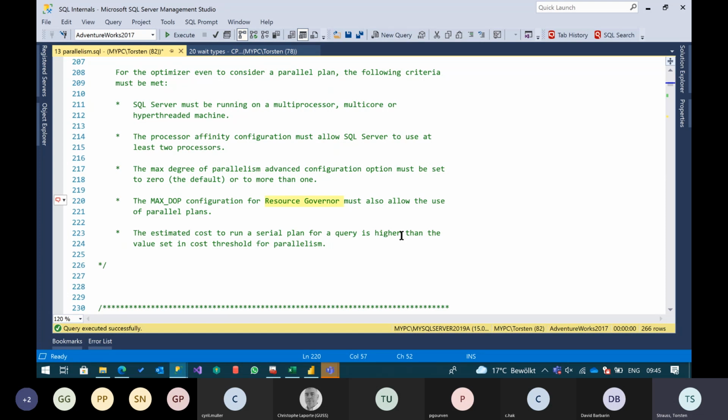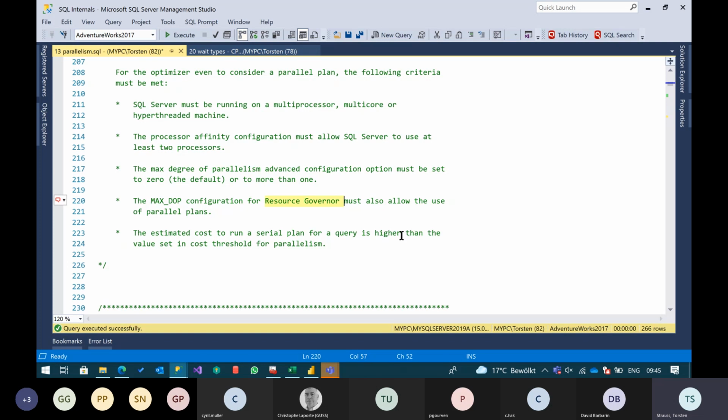So for example, you want to make sure that a specific connection can run queries with a MAXDOP of 8 or whatever, but you want to avoid that other connections at the same time run queries in parallel with the same maximum degree of parallelism, maybe just 2. This is definitely possible by configuring the resource governor.